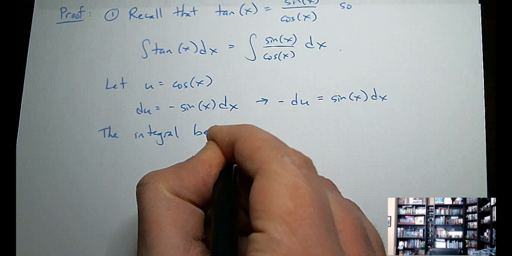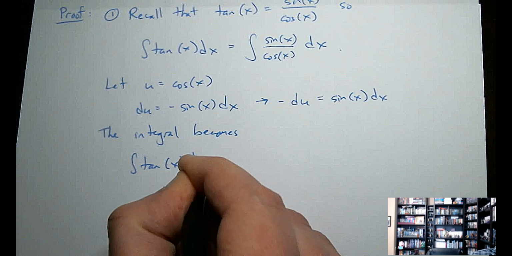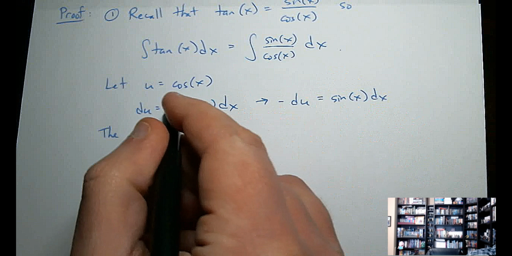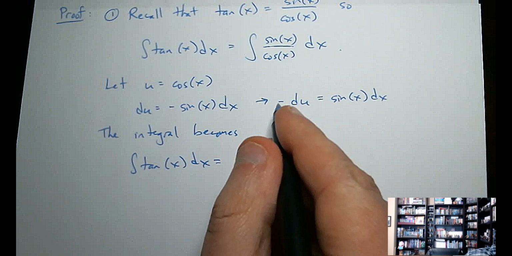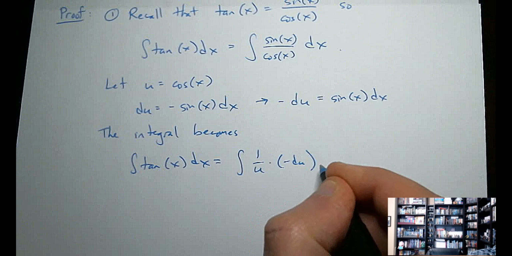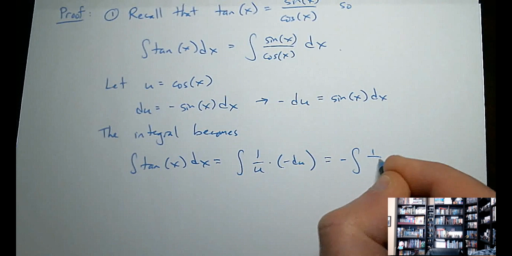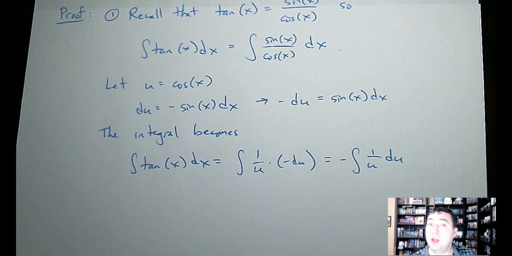So then, we can rewrite the integral. Our integral for tan x is now going to be the integral of, the cosine is our u, and the sine x dx is going to be negative du. So that's really, because of course the negative being a constant we can bring outside, negative the integral of 1 over u.